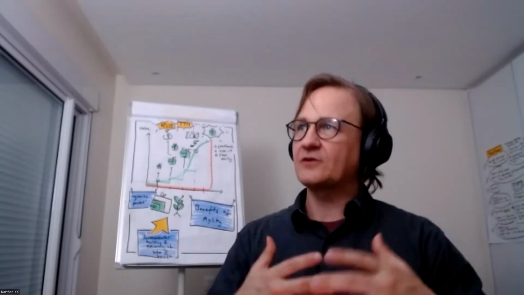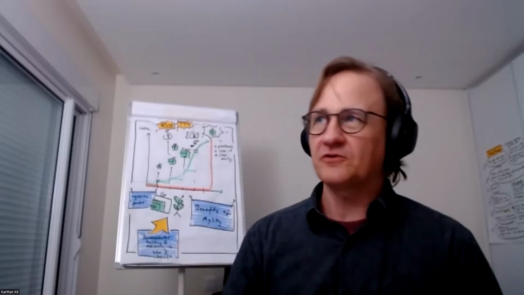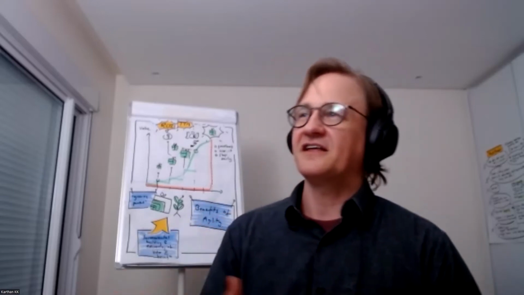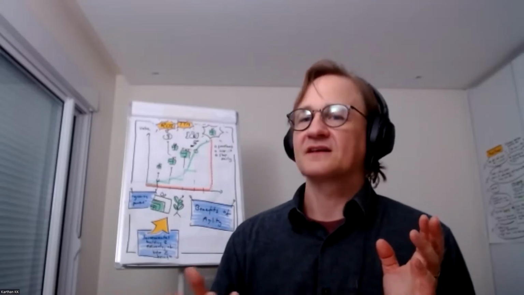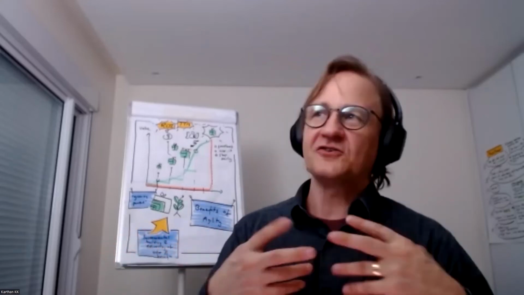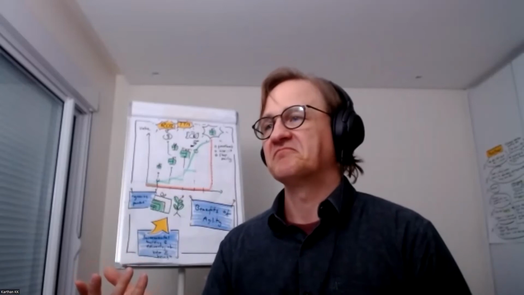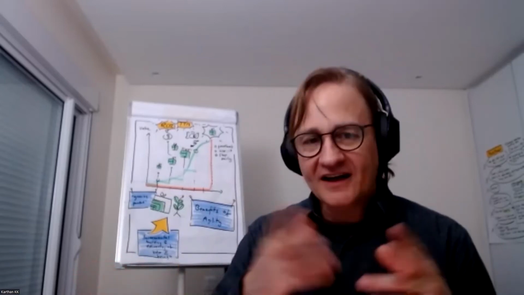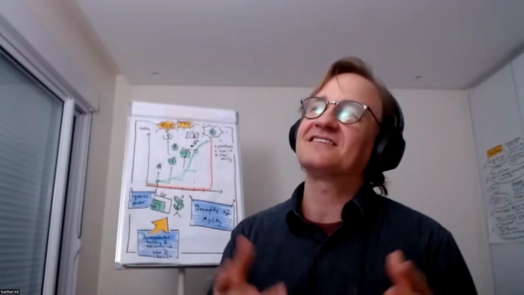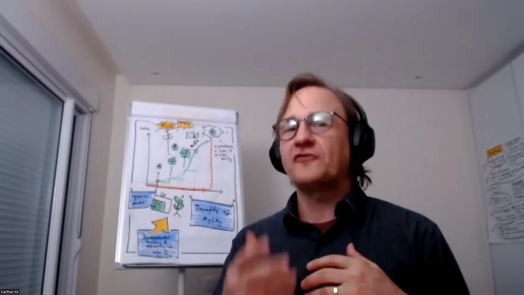If you start creating more and more tests and you feel more comfortable with that, then you can take the next step. Okay, let's create a very simple pipeline. Let's experiment with a tool, for example, an integration server. Let's run at least the basic tests on a daily basis, and so forth and so forth.